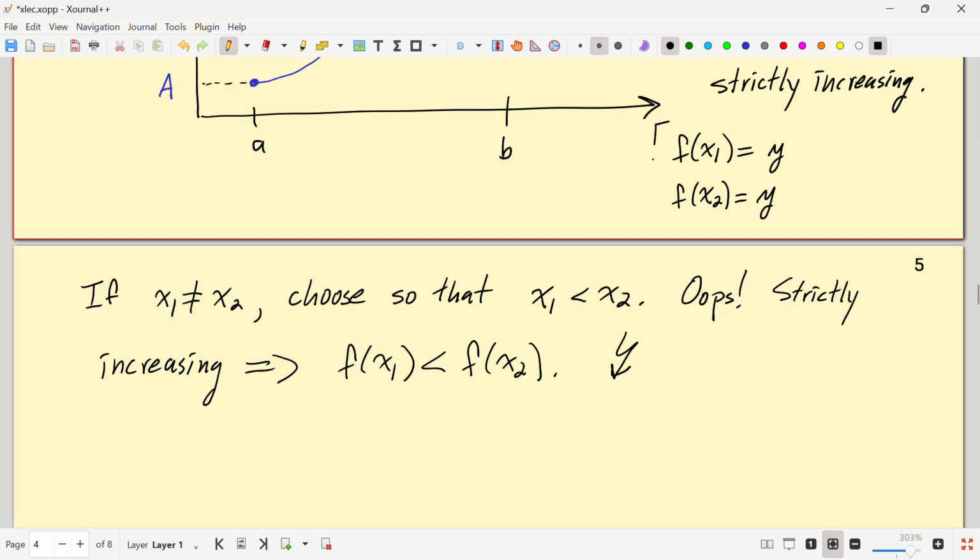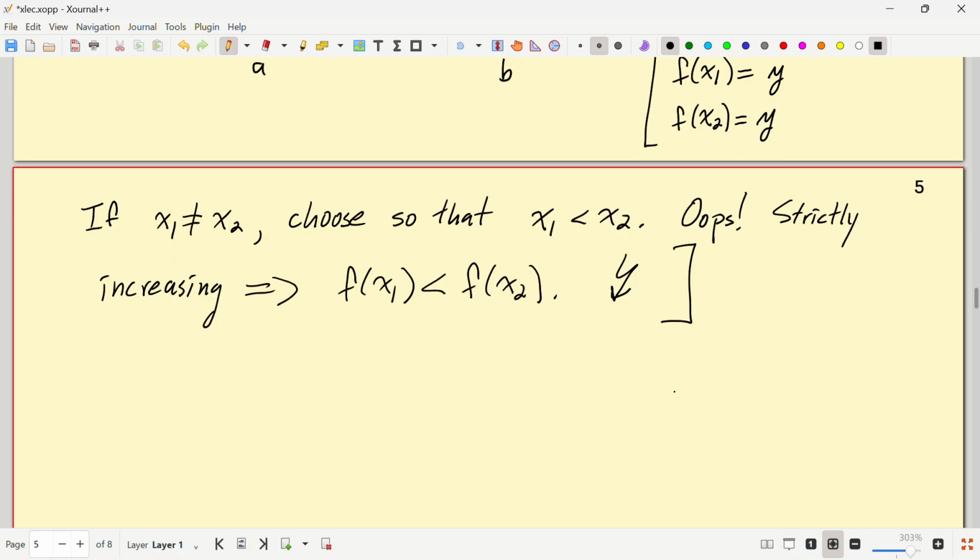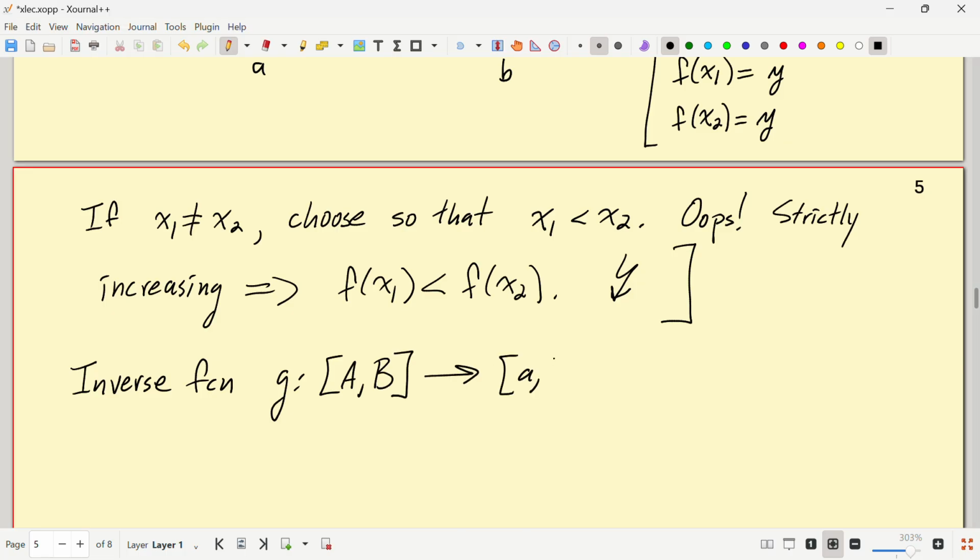And so that would be a contradiction. So this is a remark. Okay, so it's one-to-one and onto, and so the inverse function g from [A, B] to [a, b] exists.